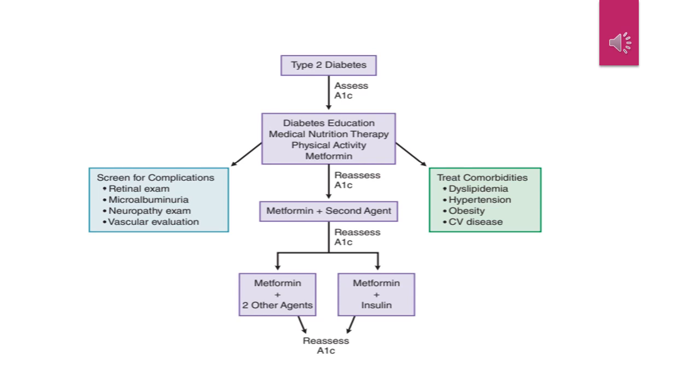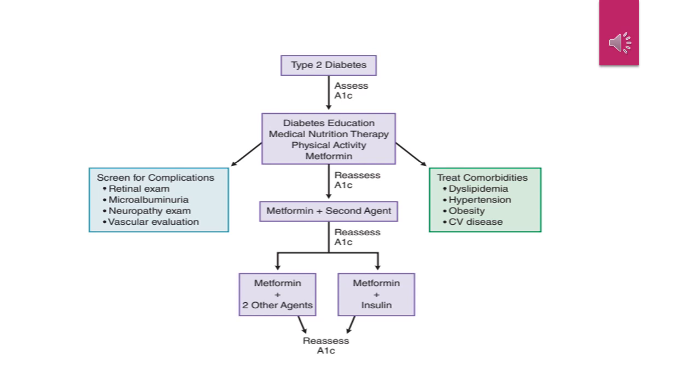Now, after a few days, we need to reassess HbA1c level. HbA1c is usually tested at least after 90 days. If it is not controlled adequately, a second agent is added along with metformin, and we need to reassess again after 90 days. HbA1c is measured after 90 days because the average lifespan of RBC is 90 days. If it is not controlled adequately, then we need to add another agent.